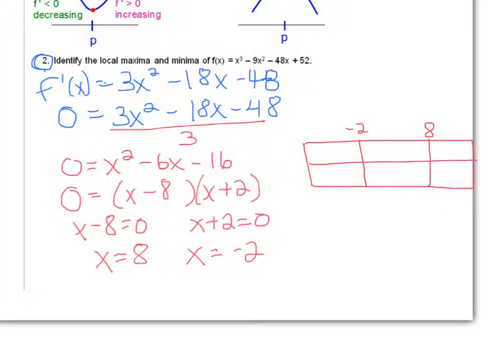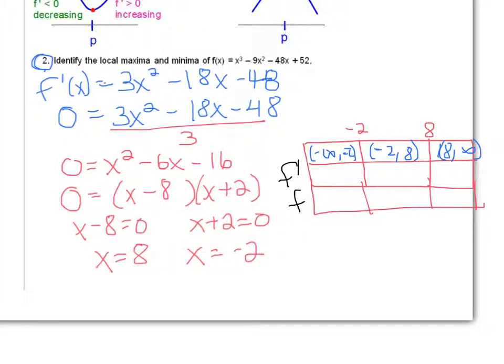And if I put my intervals in here from negative infinity to negative 2, negative 2 to 8, and then 8 to infinity, and what we want to test is the first derivative. So I actually need another row on my chart. Sorry about that. I want to know if the first derivative is positive or negative, then it's going to tell me about the original function f.